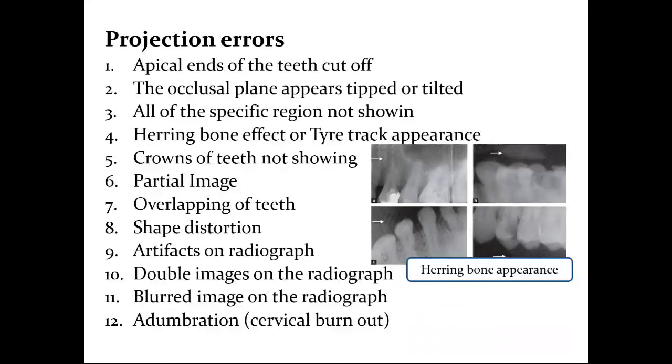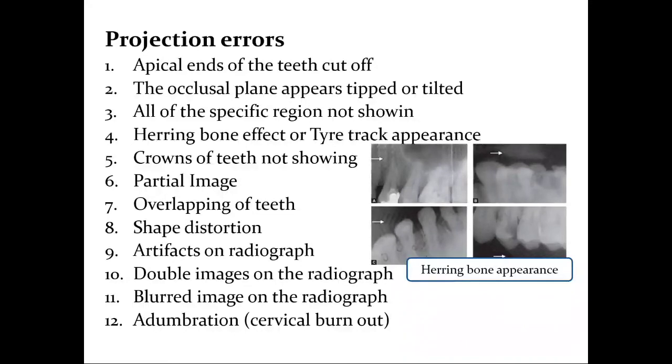This tire track appearance is seen because once the X-ray is exposed, it is attracted towards the lead foil, and then it passes to the X-ray film. That is why this lead foil pattern, the tire track appearance, is resembled over the film when it is placed the opposite way around. So that is why it's called a tire track appearance or a herringbone effect.